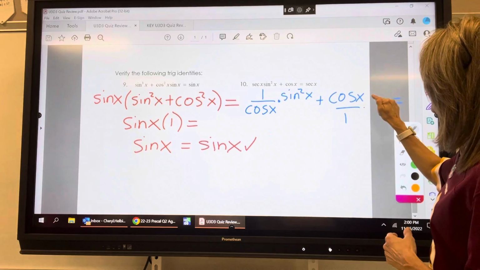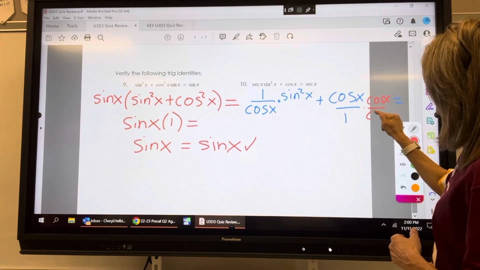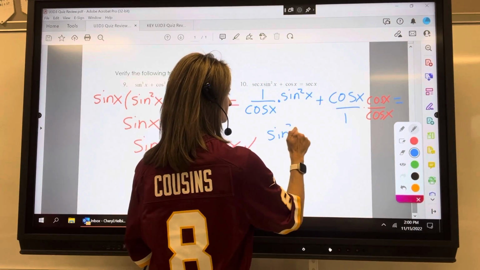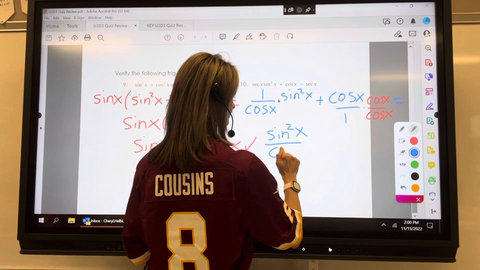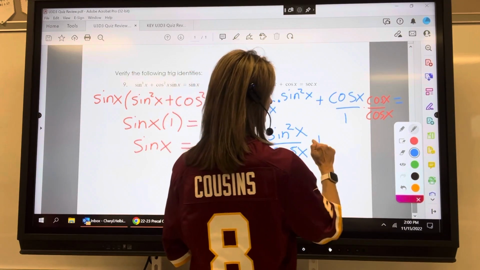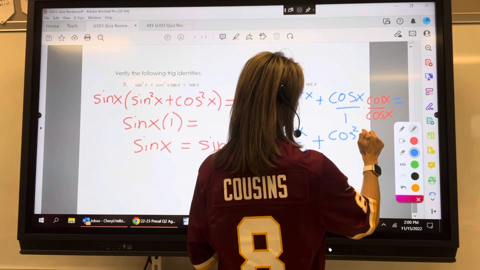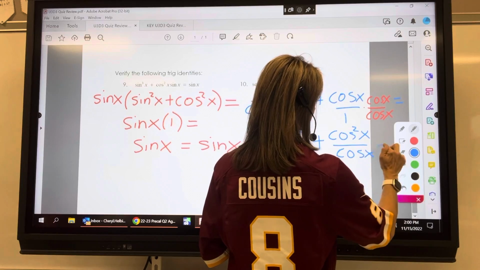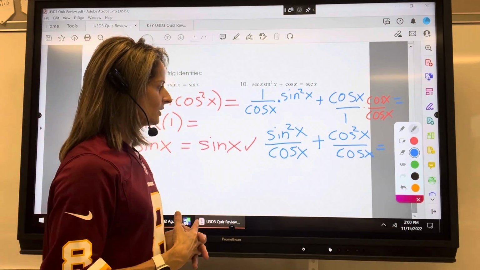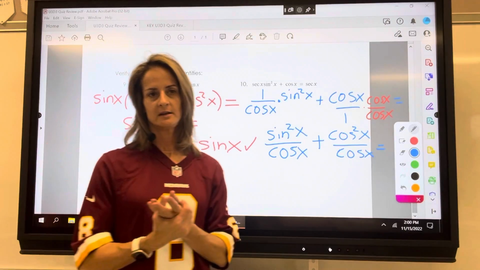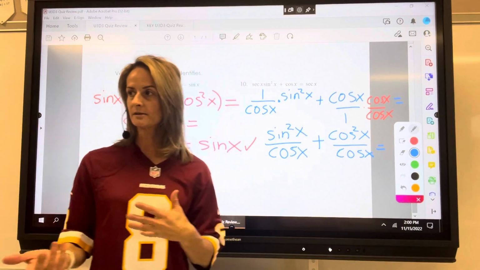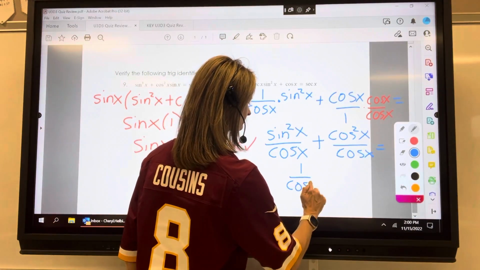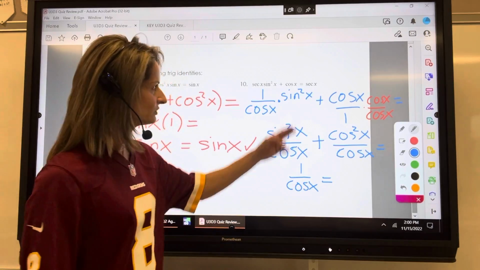So I'm going to multiply this by cosine of x over cosine of x. So I'm going to rewrite this. Sine squared of x over cosine of x plus, now I've got cosine squared of x over cosine of x. Well, now I've got 2 fractions that have the same denominator, so I can add them together. When I do that, what's the numerator going to be? 1. Because it's sine squared plus cosine squared. So that's just going to be 1 over cosine. And that is equal to the secant.